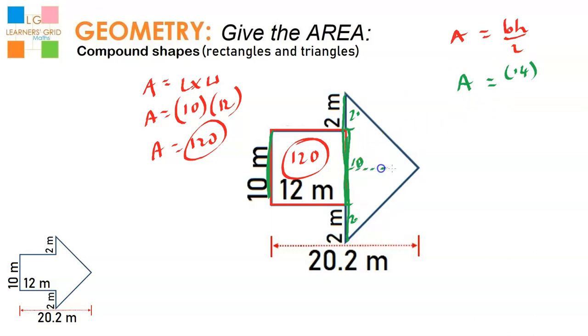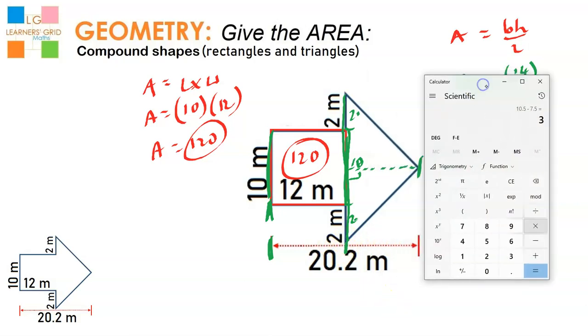And my height, what's the height going to be? From this point to this point the whole thing is 20.2, but I do know that from here to here is 12. So let's use our calculator. Why not? Make it simple. 20.2 minus 12 will give us 8.2.